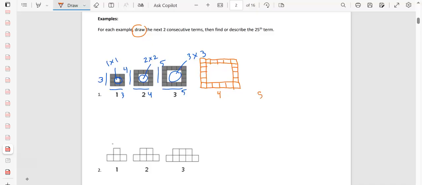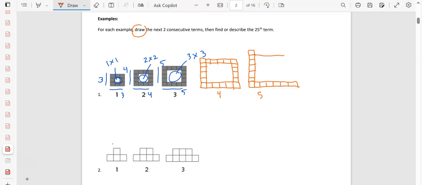For term 5, if I did 6 across for term 4, I'm going to do 7 across for term 5. 2, 3, 4, 5, 6, 7. 1, 2, 3, 4, 5, 6, 7.